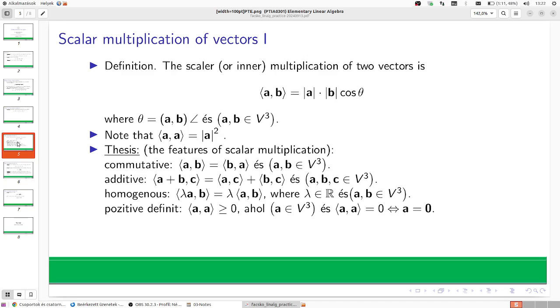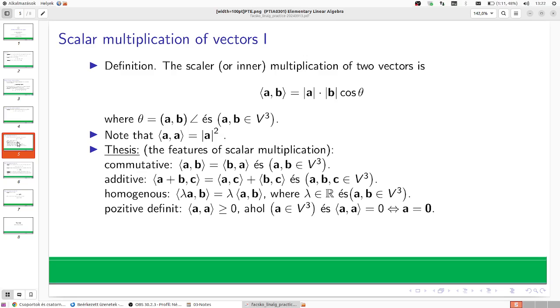It means, per definition, I can do this step because these are numbers, not vectors.